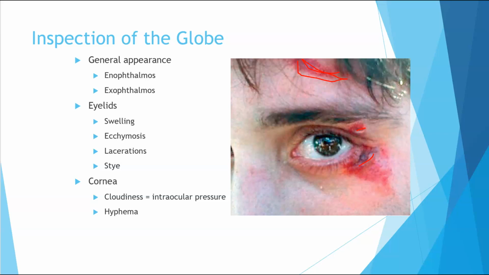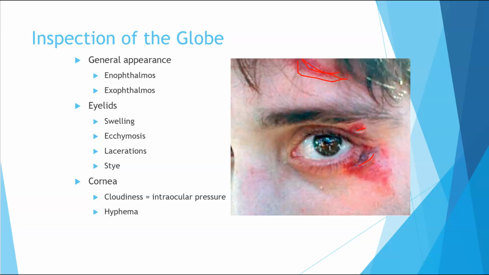Okay, when we're inspecting the actual globe part, we're looking at general appearance. If the globe has been ruptured, whether there's an orbital fracture, we're trying to look at that general appearance of the globe.